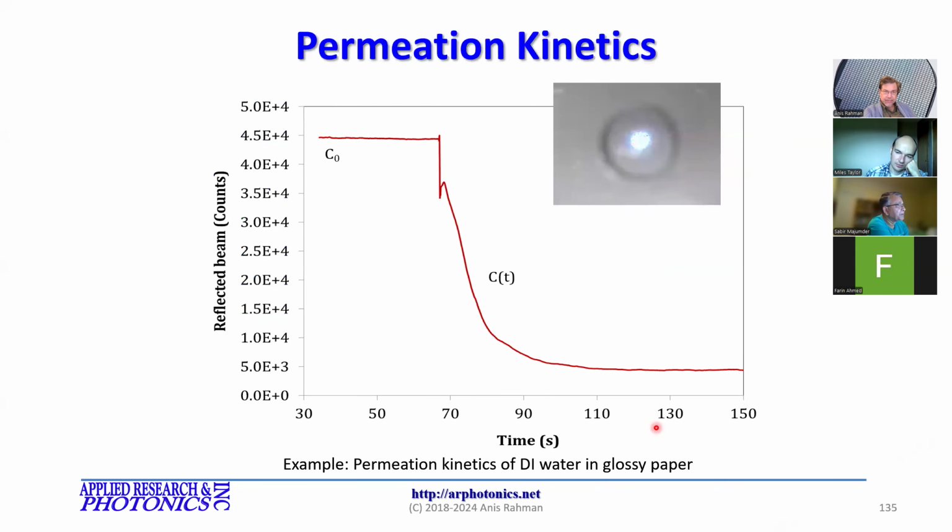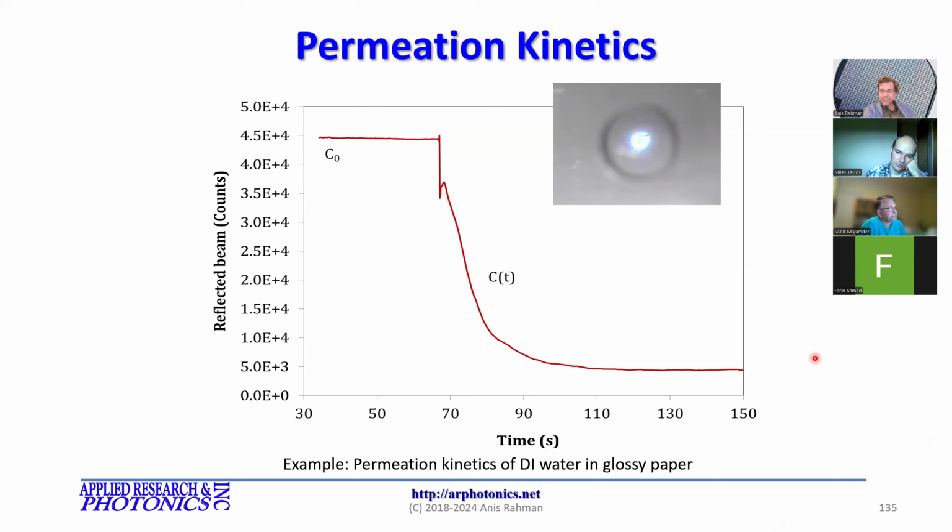When you put the substrate and start tracking, nothing is going on. But as we apply the solvent or solution on it, it permeates, and this gives us the dC/dt. So this is a direct measurement of dC/dt. Yeah, understood. But where is the glossy paper coming into the picture in terms of removing? It's just an example to show how dC/dt is measured. Okay. All right.